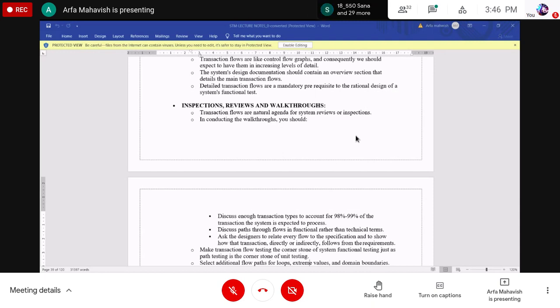Discuss the path flow in functional rather than technical terms. Ask the designer to relate every flow of the specification and to show how the transactions flow, directly or indirectly, from the requirement.